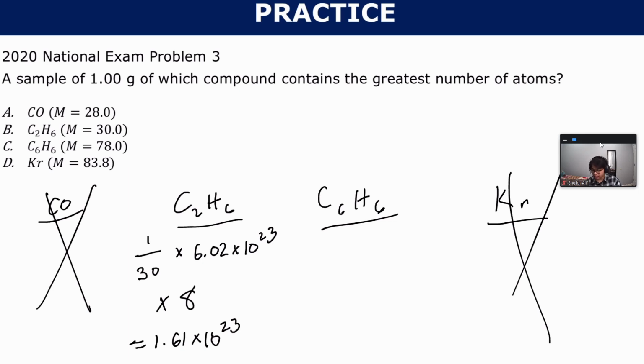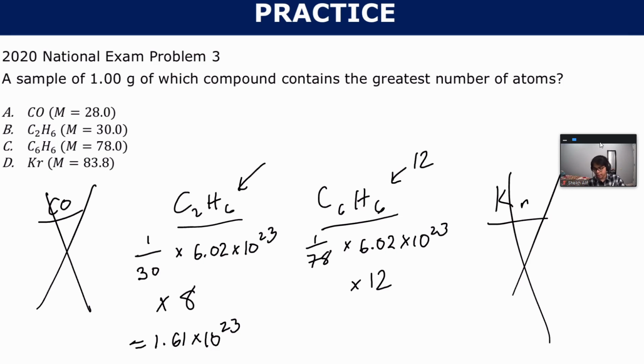And now we can calculate C6H6 and then compare the two values. So we can have a similar approach. 1 divided by the molar mass, which is 78, times Avogadro's number. And the thing that changes here is going to be the number of atoms per molecule. And so in this one, we had 8. But in this one, we're going to have 12 because we have 6 carbon, 6 hydrogen.